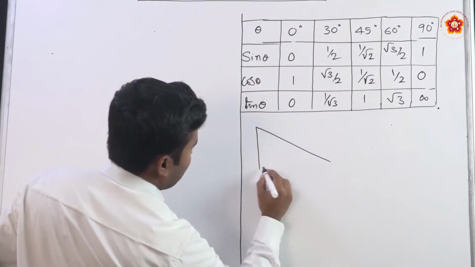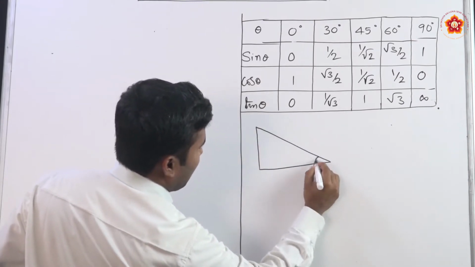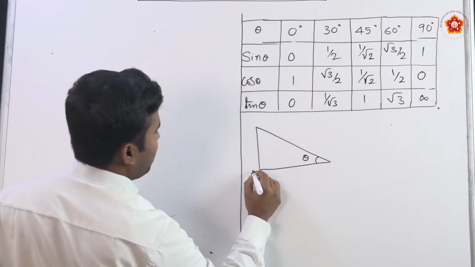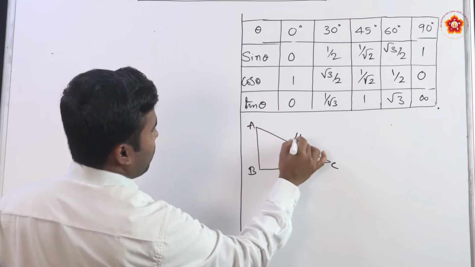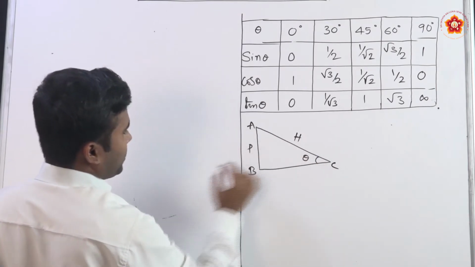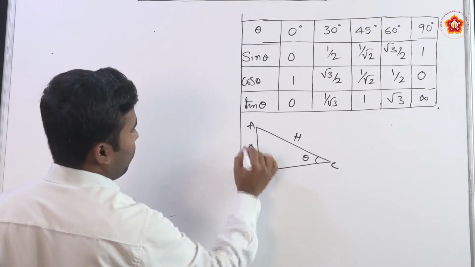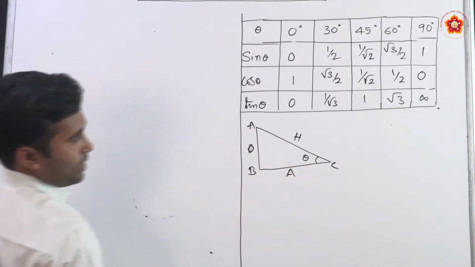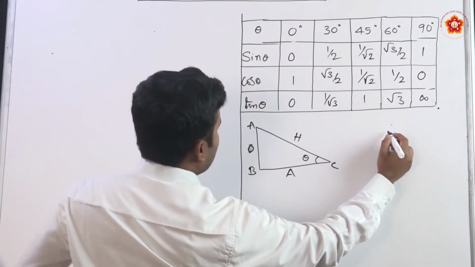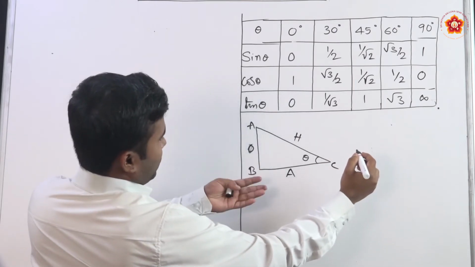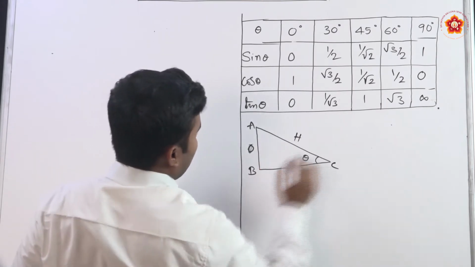We should also know how to define sin theta, cos theta and tan theta for the right triangle ABC. This is the hypotenuse side, this is the opposite side, which I will put as O, and this is the adjacent side.